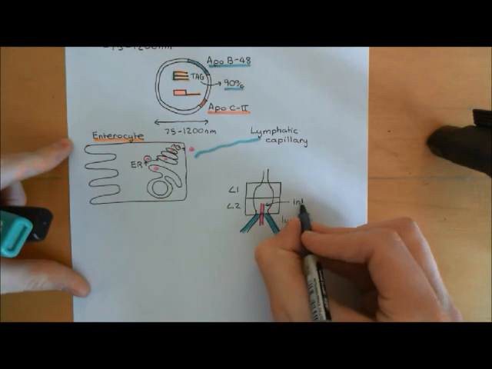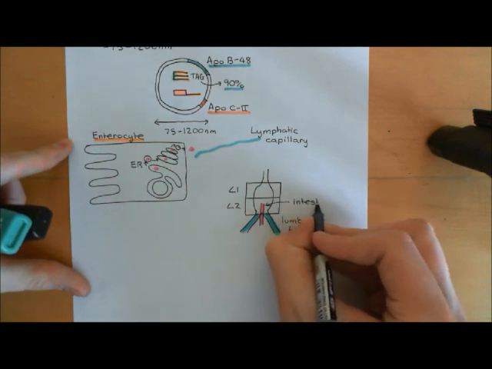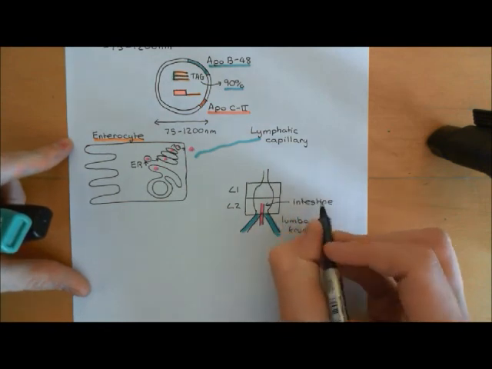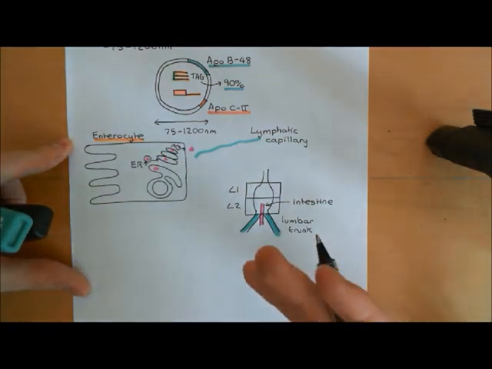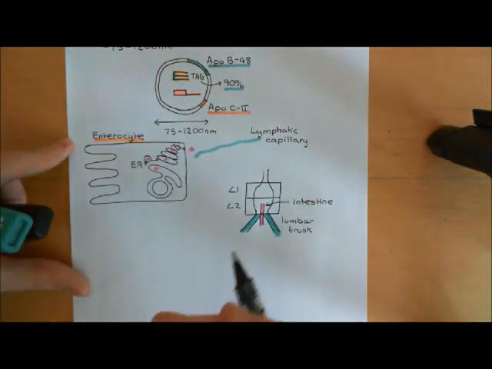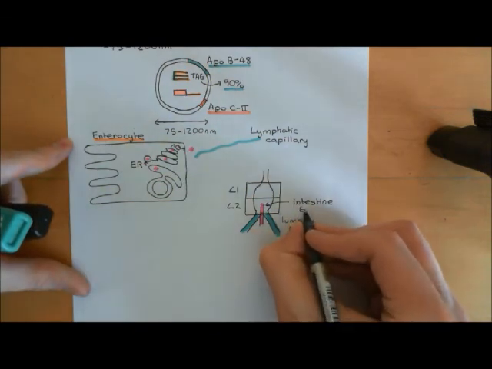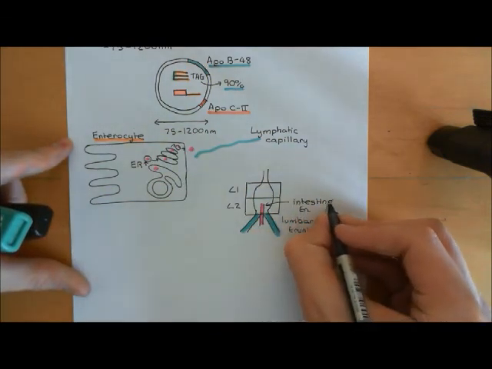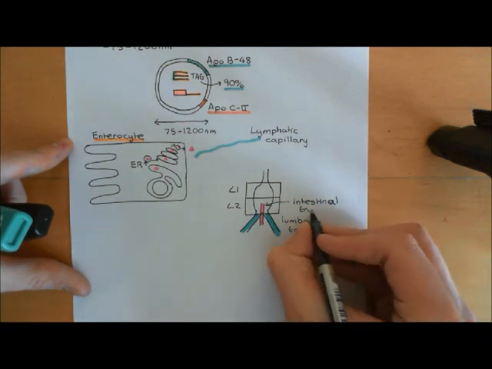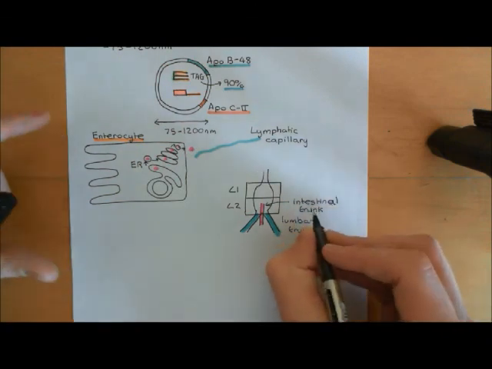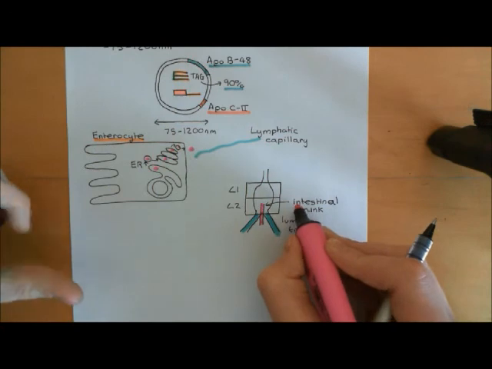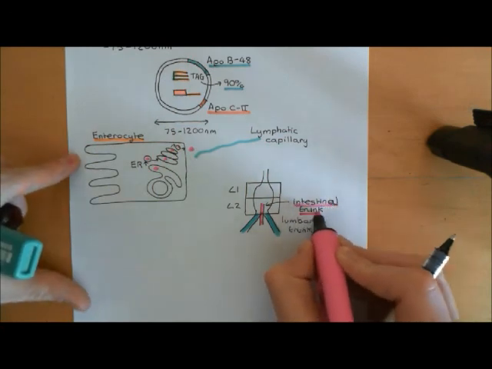This is where all of these lymphatic capillaries that are draining the intestines, and therefore which will be having the chylomicrons coming into them, are all going to drain into this intestinal trunk. Whoops, and it should be intestinal trunk there. Right, so I'll colour it in to hide my mistake. So here, intestinal trunk.